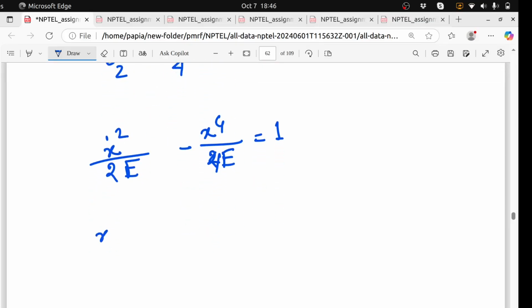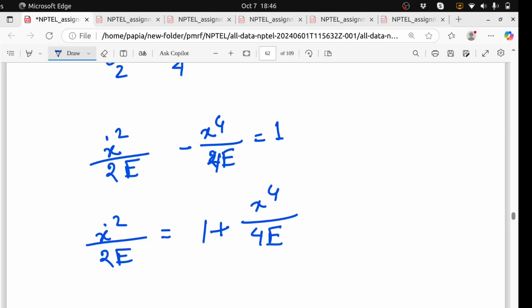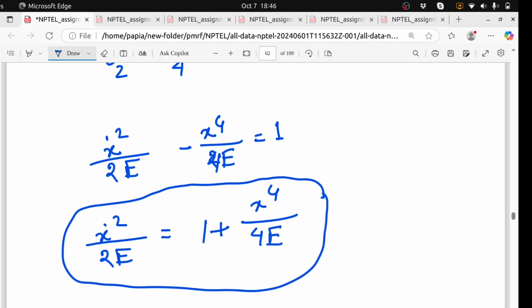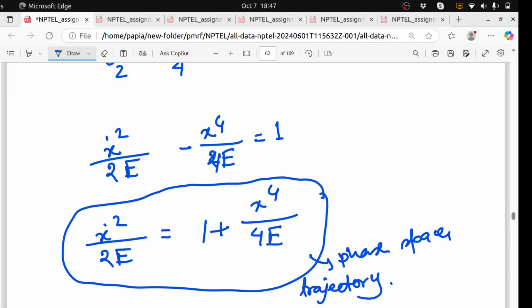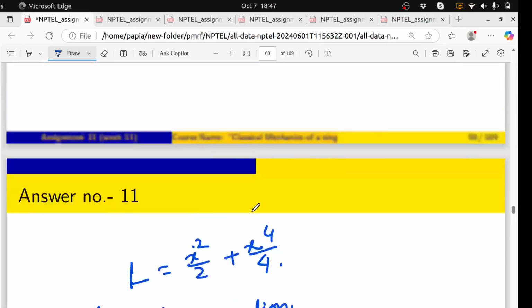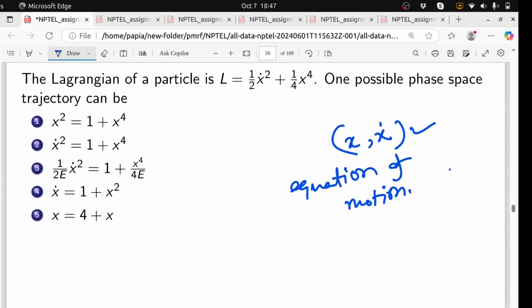So that will come up with 1 plus x to the power 4 by 4E. That is giving me the equation of phase space. Right? So maybe we can go for the option. Yes, I can see this is the correct option.